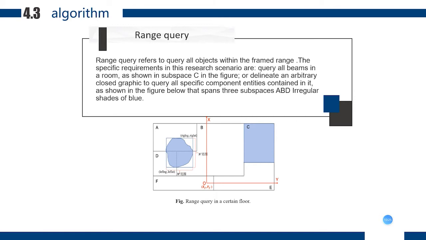The specific requirement in this research scenario is to query all beams in a room, as shown in subspace C in the figure, or to use an arbitrary closed graphic to query all specific components contained in it, as shown in the figure below, which spans 3 subspaces A, B, C, the irregular shape in blue. Finally, it's distance query with constraints.